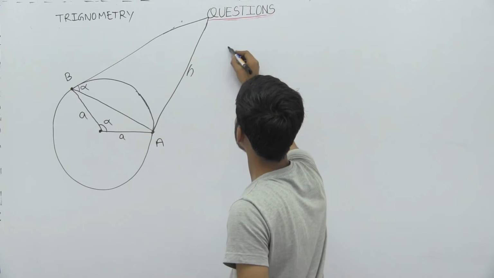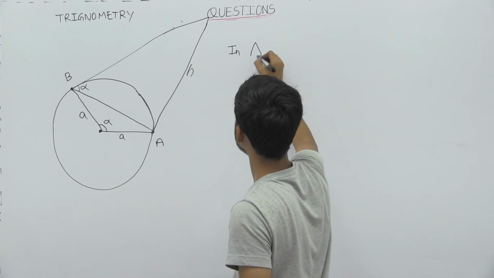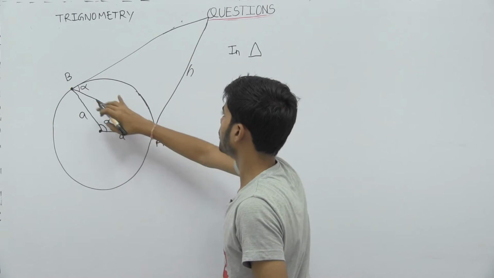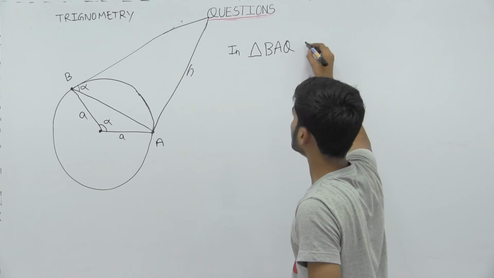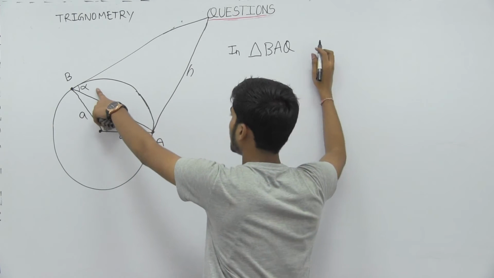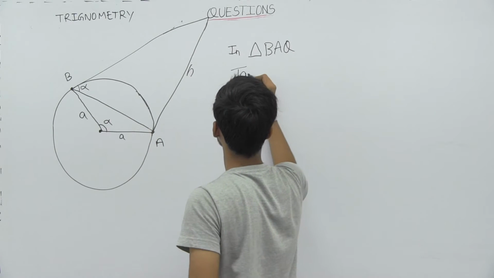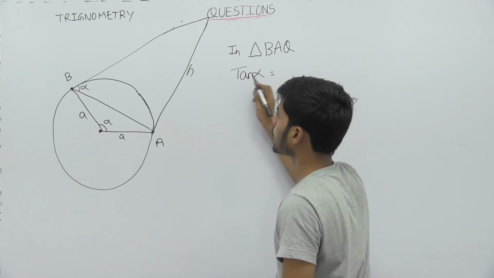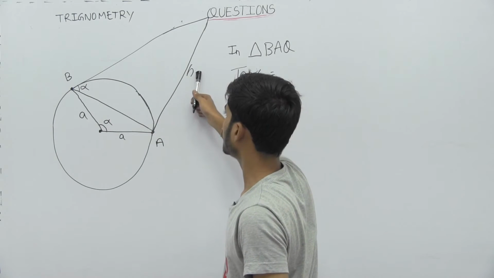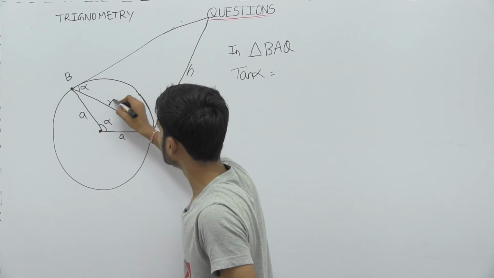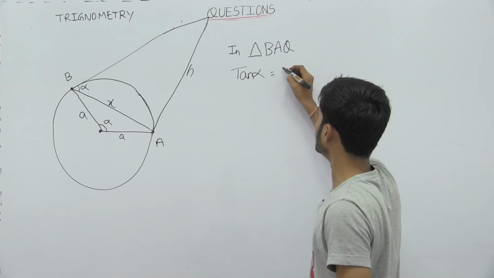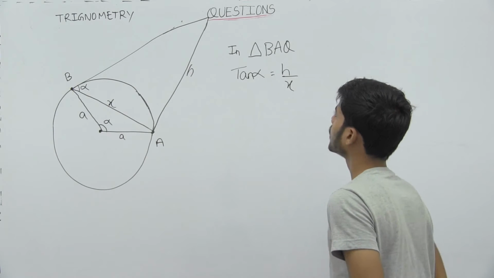Now in triangle BAQ, tan alpha would be, opposite is h. Now let this chord AB be x, then this would be h by x.